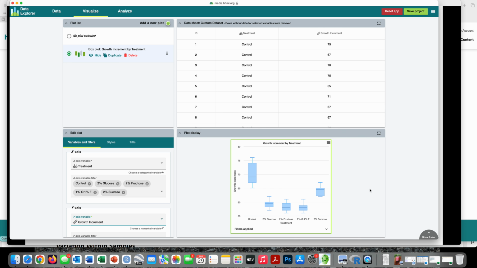This is not a mean and 95% confidence interval plot; this is actually a box plot, but there is a video online that shows them how to make means and 95% confidence interval plots if they want to do that.